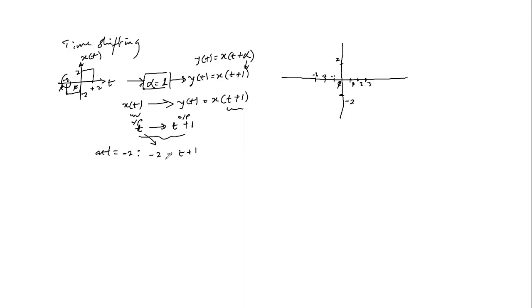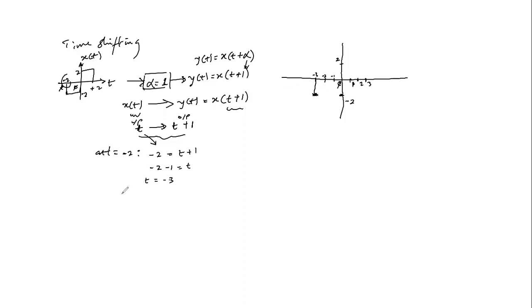So t at the output will be -2 minus 1, equal to -3. Okay? So it means that at the output, the signal shifts to the left, and then we have -3, right? Good.